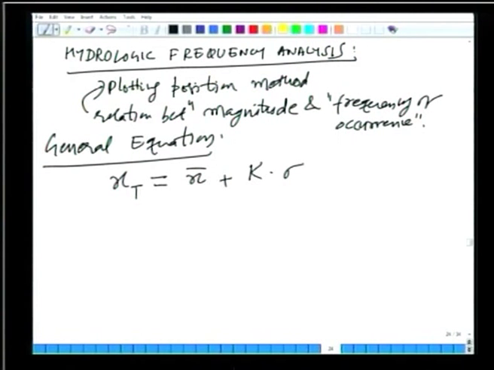This is the general frequency analysis equation. Let us define these quantities. What is x_T? Well, x_T is the value of your random variable corresponding to a return period of T years.